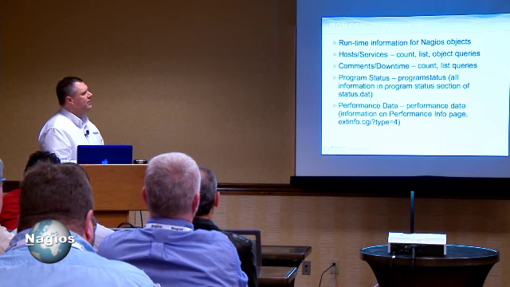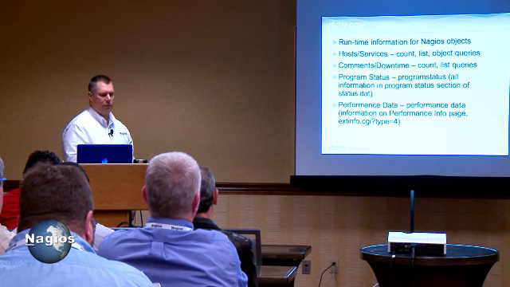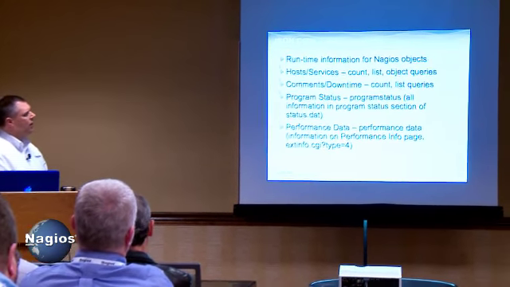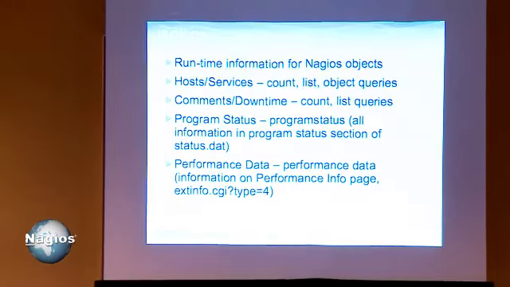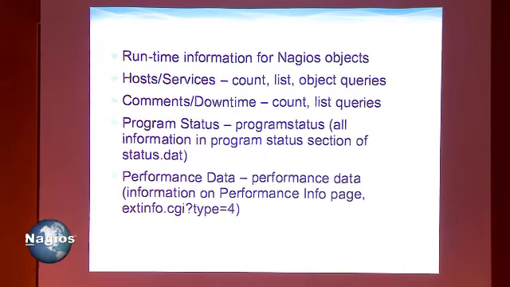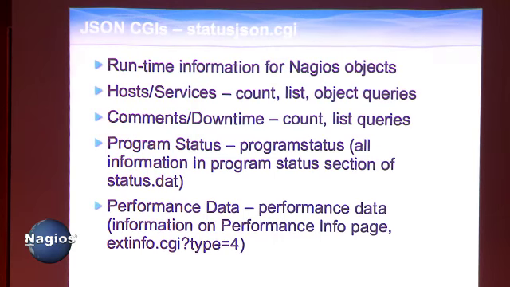All right, the status JSON CGI provides runtime information for Nagios objects. For hosts and services, it's similar to what was in the object JSON CGI: a count, a list, and individual object queries. For comments and downtimes, because they're not named, it's just the count and list queries.